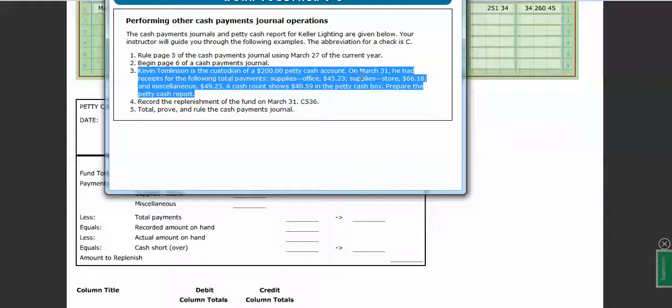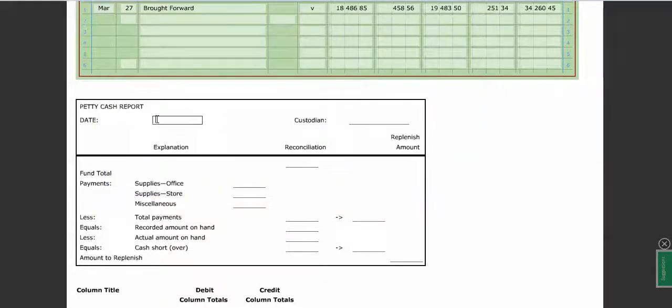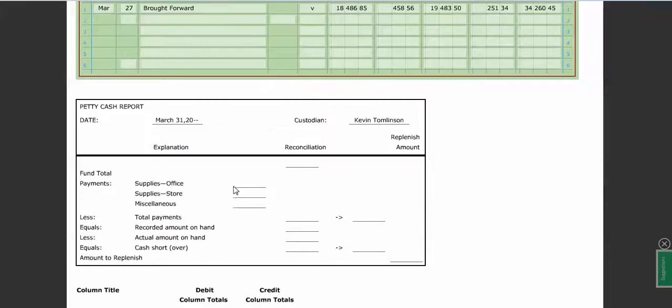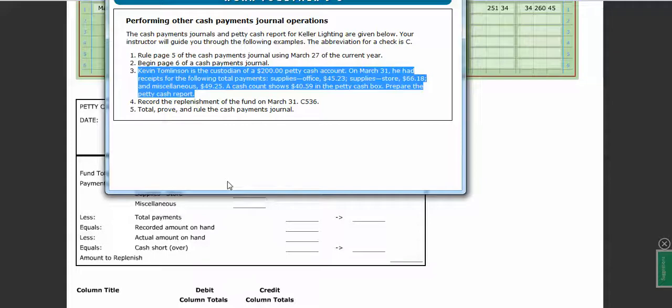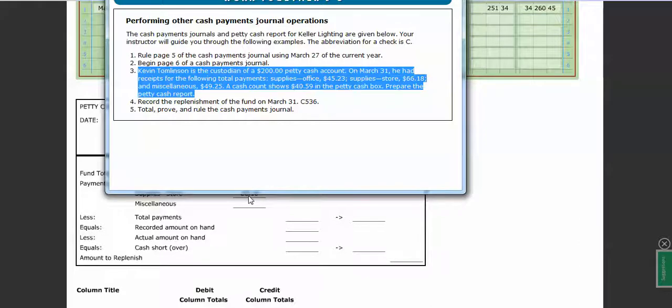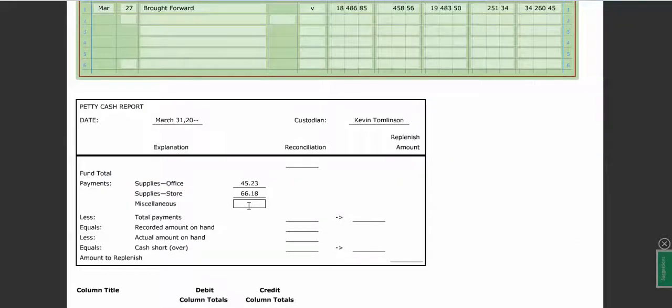So on March 31st, let's put our date, which is March 31st. Our custodian is Kevin Tomlinson. He had receipts for the following payments: supply office $45.23, supply store $66.18, and miscellaneous $49.25.